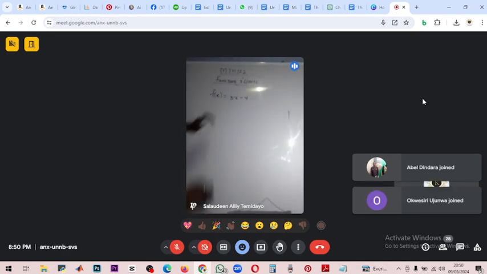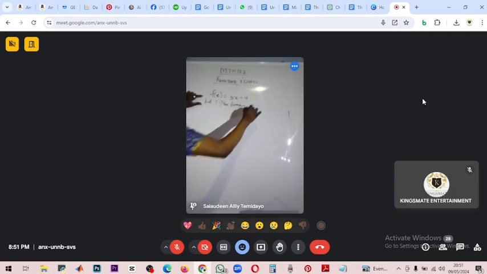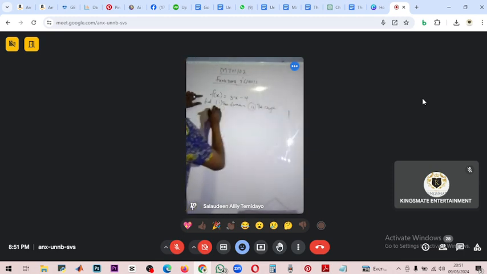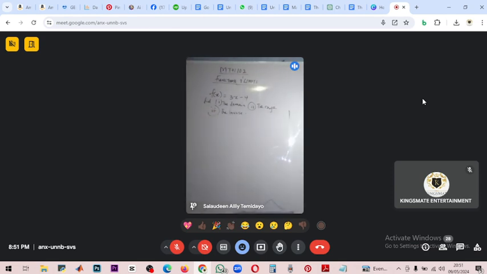So this is the function. Find the domain, the range, then the inverse. We treated inverse in the last class. We have number one.